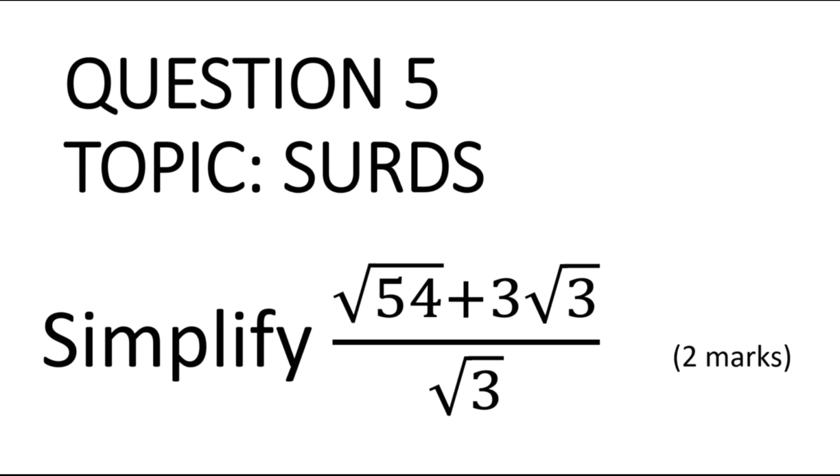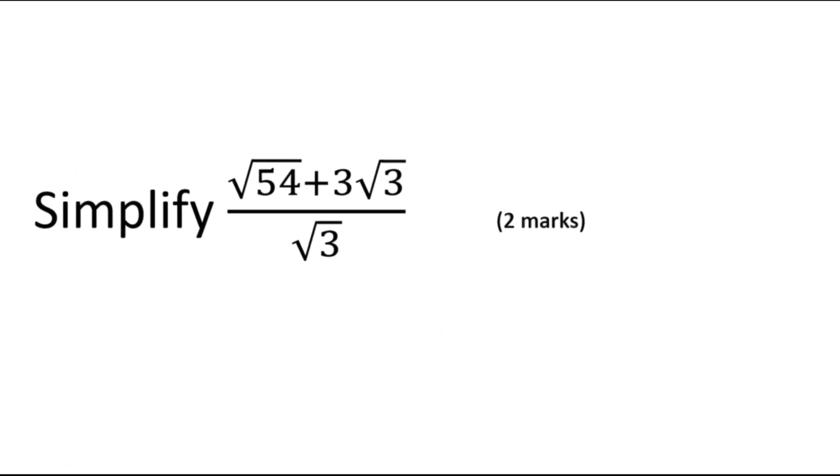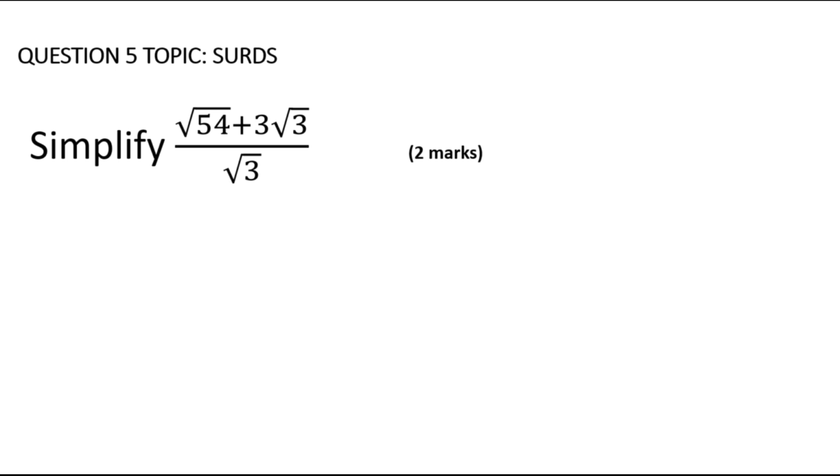Question 5, topic on surds. We need to simplify square root of 54 plus 3 root 3 all over root 3. So to simplify, we are required to rationalize the denominator or eliminate it. So we rationalize the denominator.